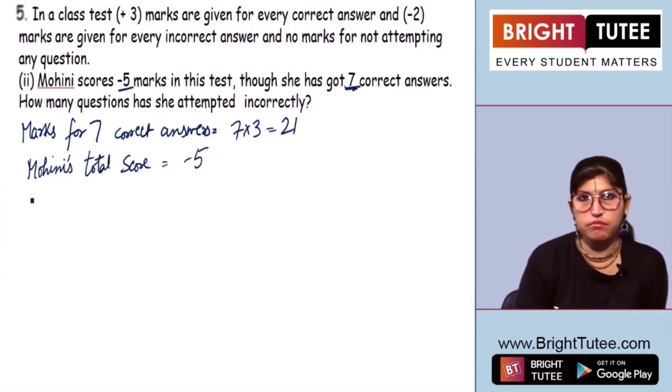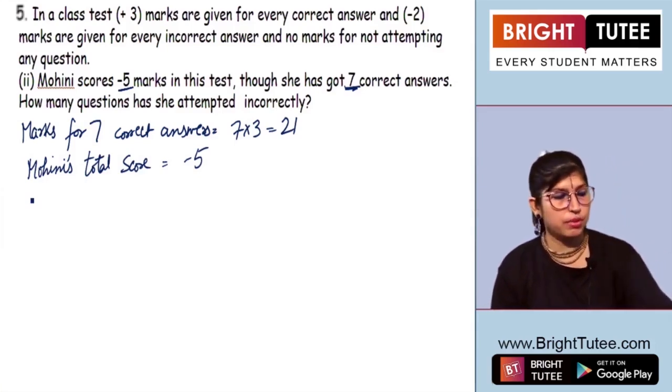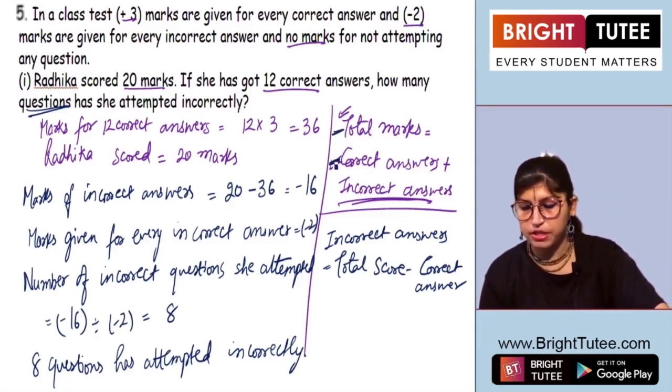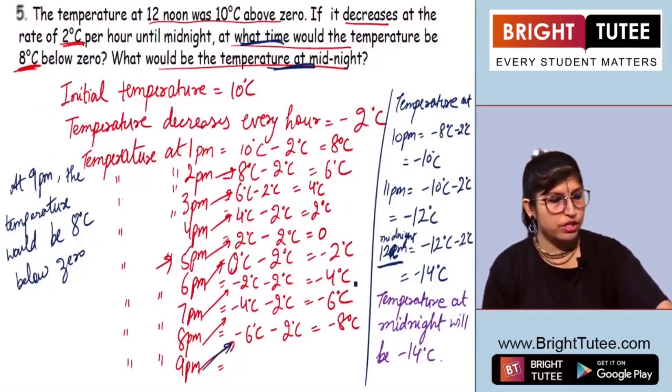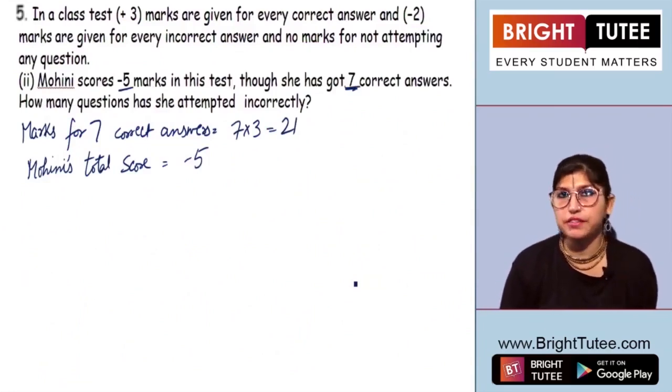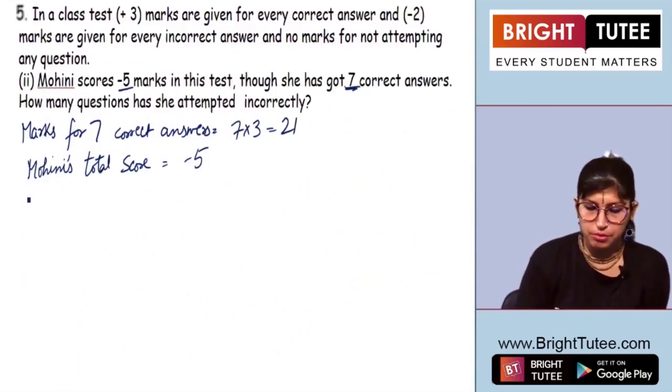What we did in the first part is that total marks is equal to correct plus incorrect answers. So incorrect answer marks is total score minus correct answer marks. Over here, we know Mohini's total score is minus 5.